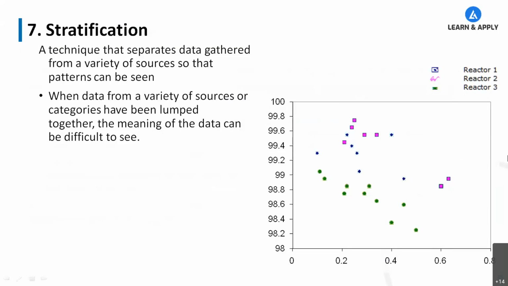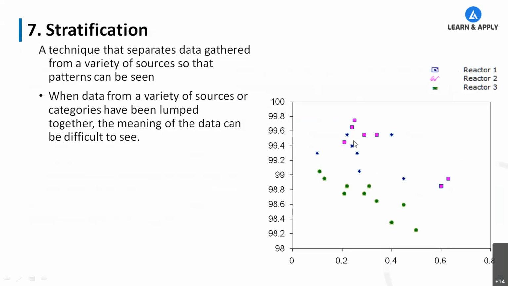We have separated these readings. We collected readings separately from reactor 1, reactor 2 and reactor 3 and marked them like this. In this way, on the graph, you will get to know there is some correlation. For reactor 3, there is a negative correlation.